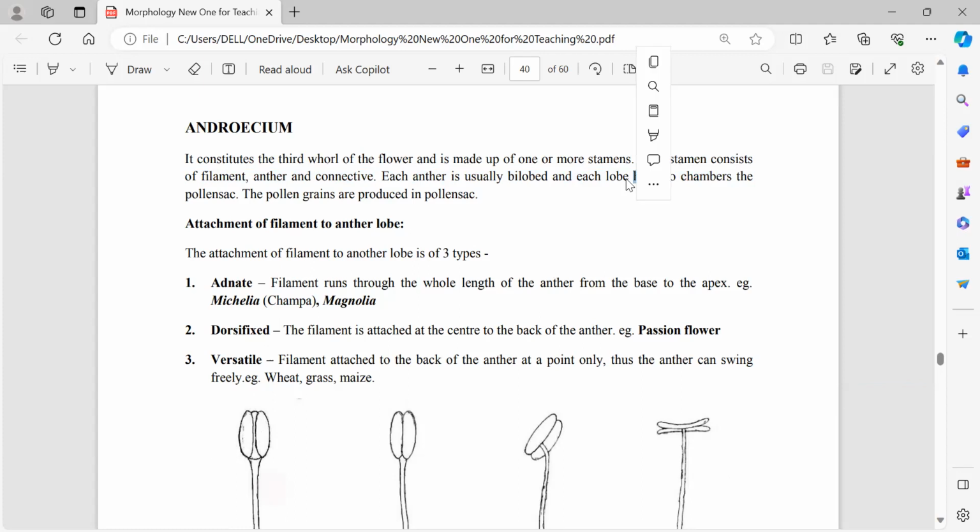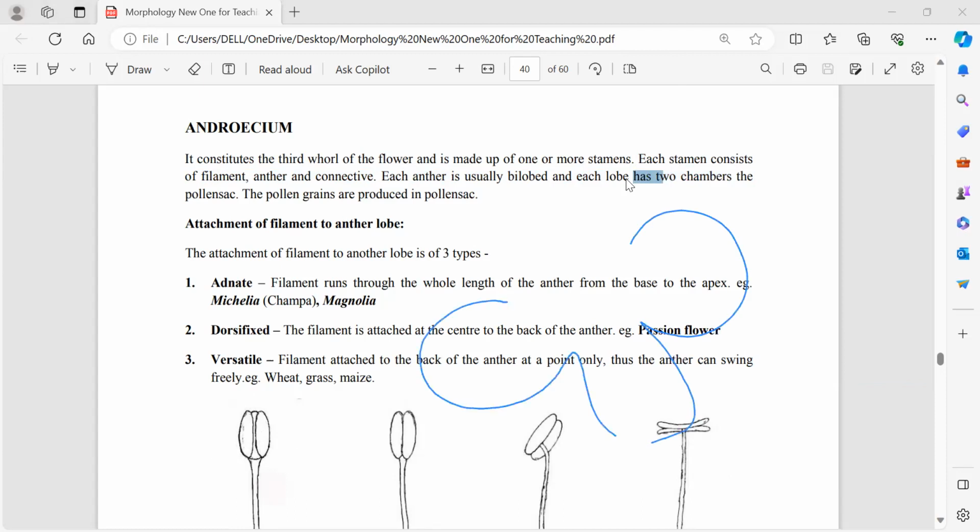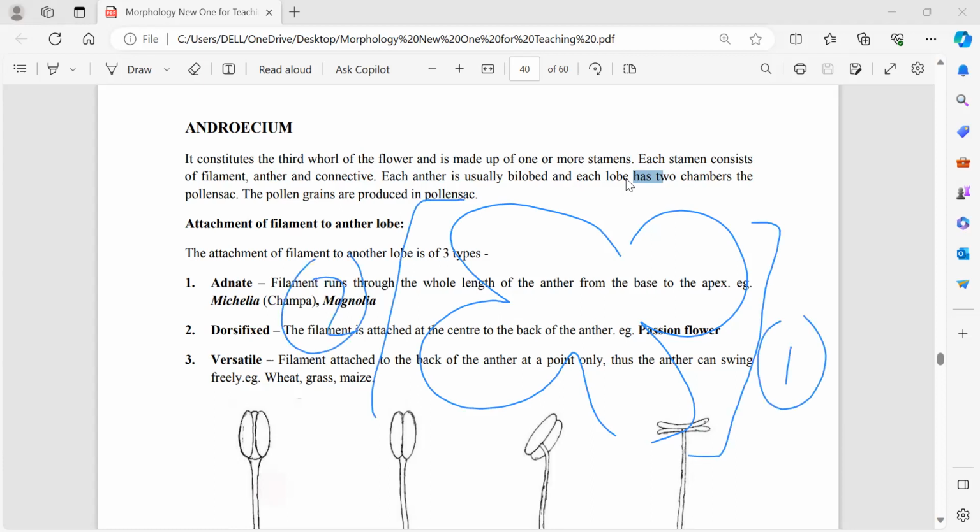If we draw it, taking a section of this anther this way, this whole is lobe 1, this portion is lobe 2, and in each lobe we have two pollen sacs, two pollen chambers, two microsporangia.